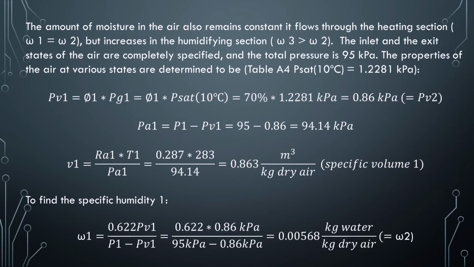To find the specific humidity 1, we use the equation that we know, and after replacing, we get that specific humidity 1 is 0.00568 kilogram water per kilogram dry air, and it equals W2, the specific humidity 2.